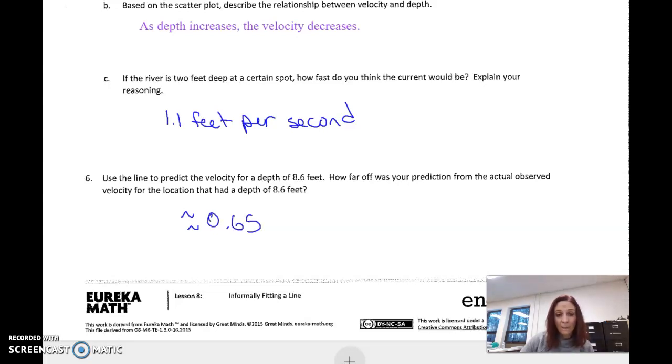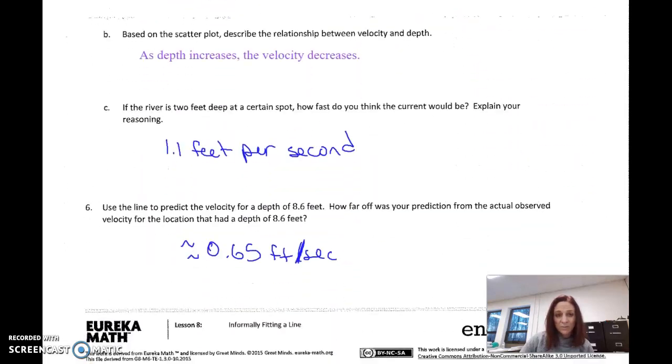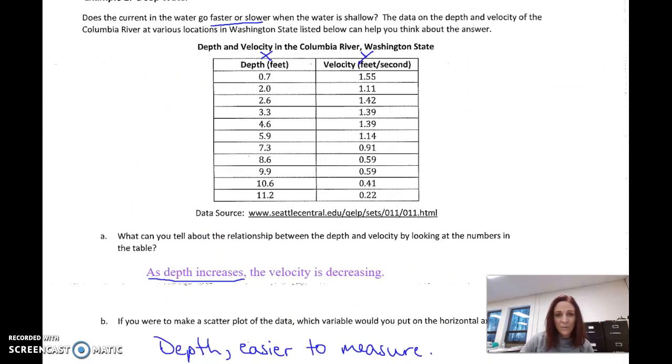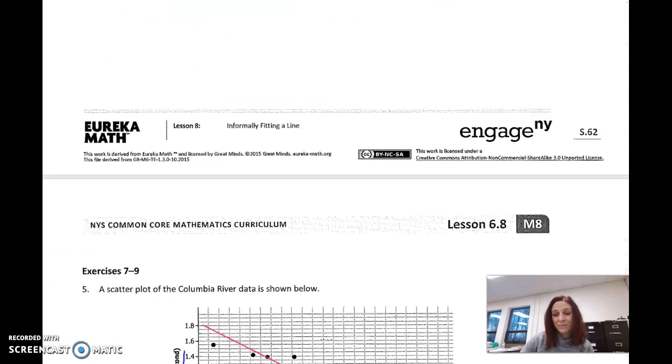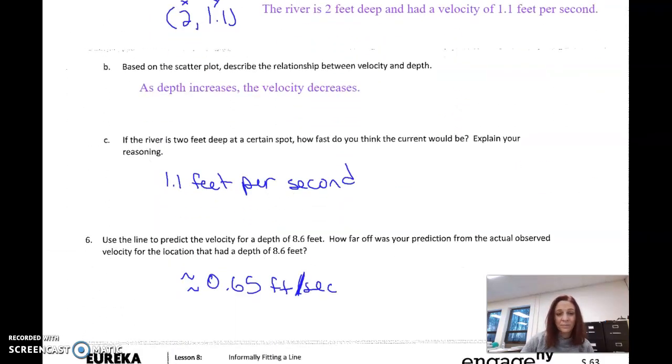Now, how far off are we, in feet per second? Well, if we go to the actual data, 8.6 is at 0.59. So we're really only off about 0.06. How far off?